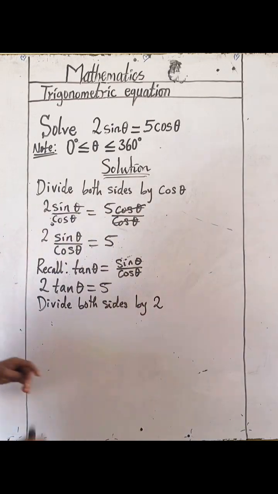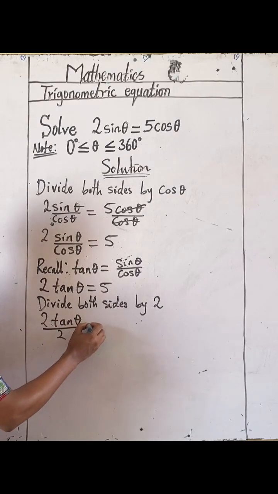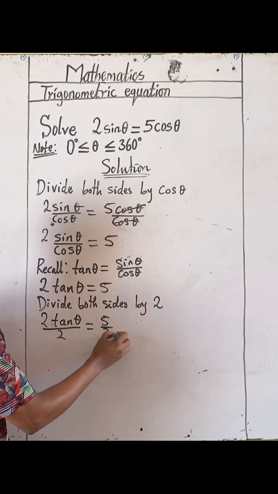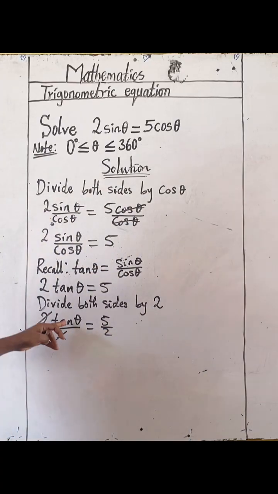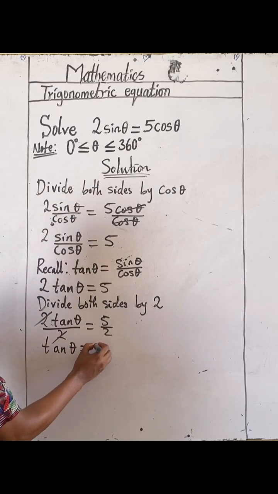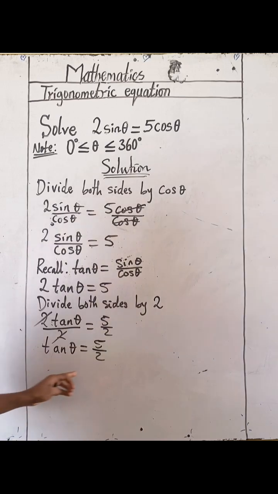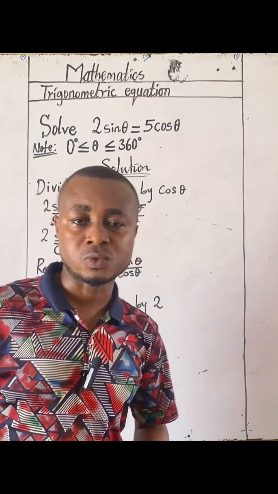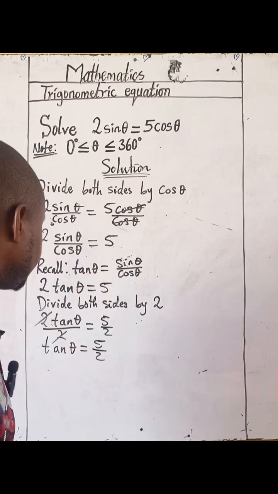So what we have becomes 2 tan theta over 2 equal to 5 over 2. Of course, 2 cancels 2. Then we have tan theta equal to 5 over 2. And you know 5 over 2 in decimal is 2.5.